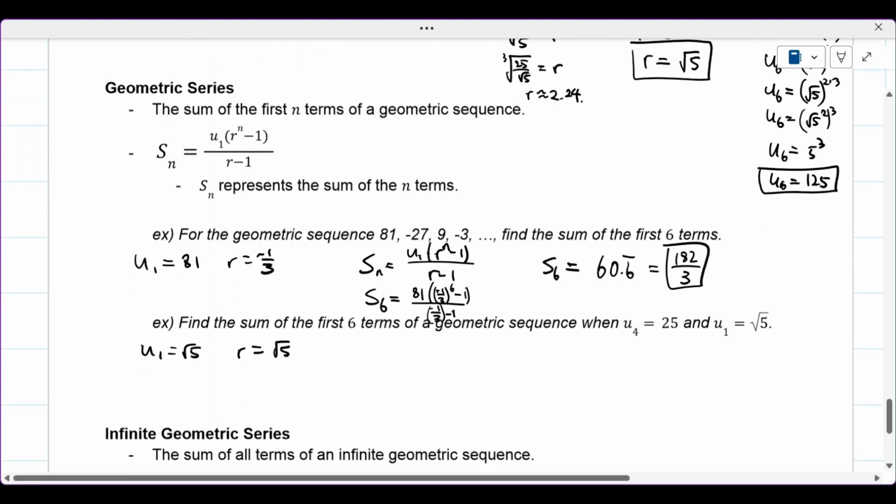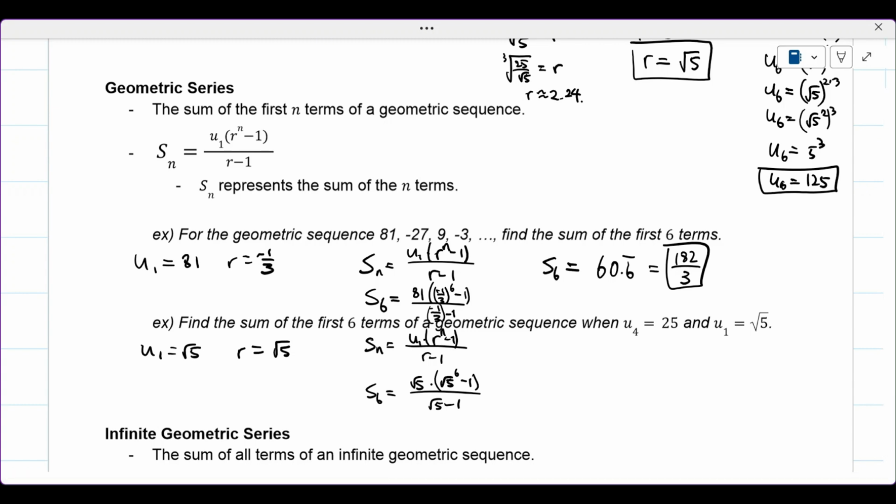Let's do the same thing for the second question. The formula is Sn is equal to u1 times r to the power of n minus 1 divided by r minus 1. So S6 is equal to square root of 5 times square root of 5 to the power of 6 minus 1 divided by square root of 5 minus 1. So same thing, let's just put it into calculator.